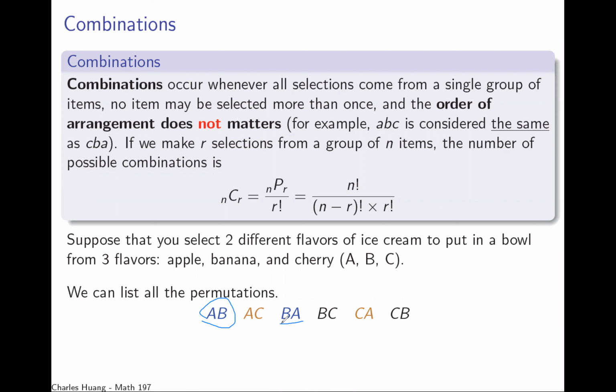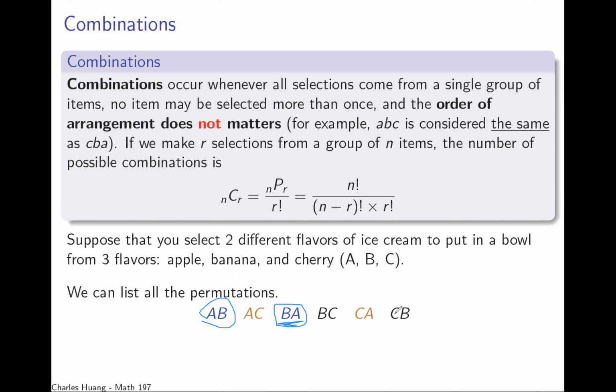Now, if I bring out banana and apple in a different bowl, and I give it to you, you would tell me that that's exactly the same as the apple banana ice cream that you just got. We just turn the bowls around, right? It's still the same 2 ice creams combined together, and they still don't go well together, and we don't like them.